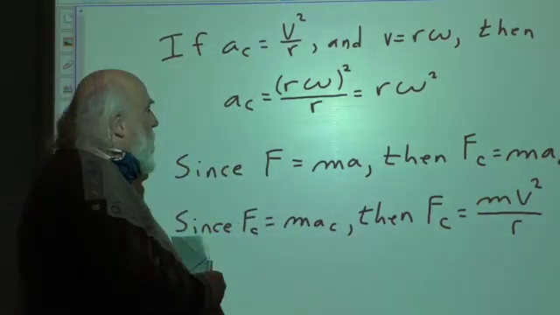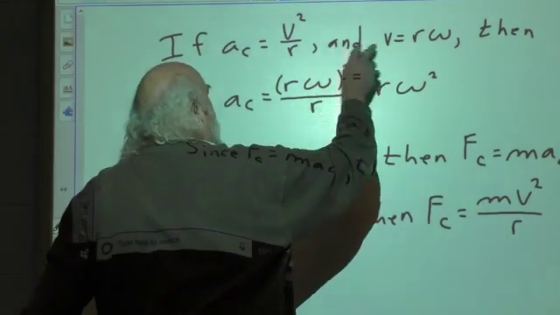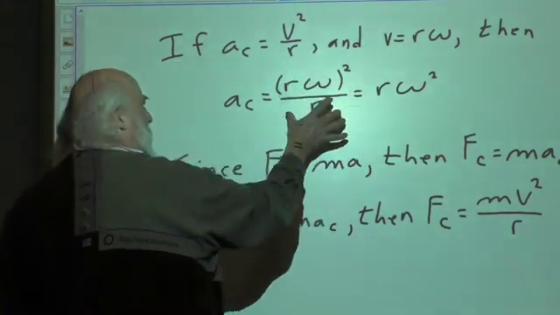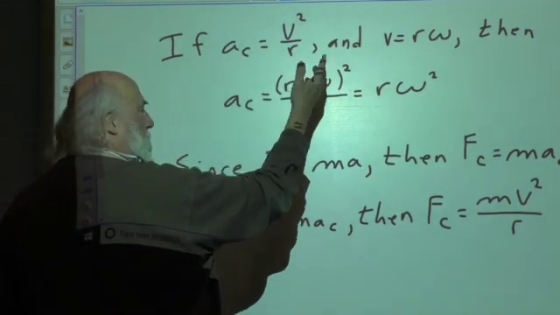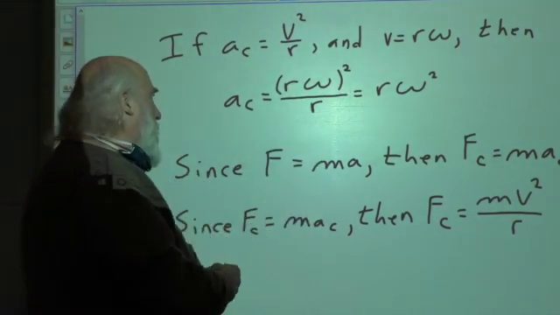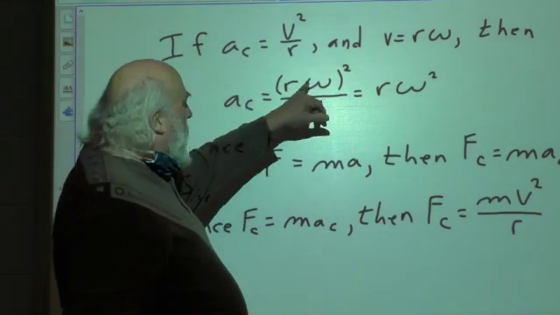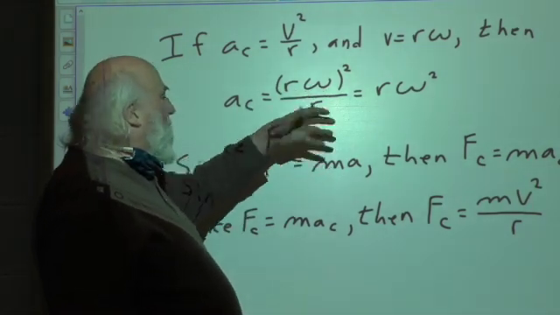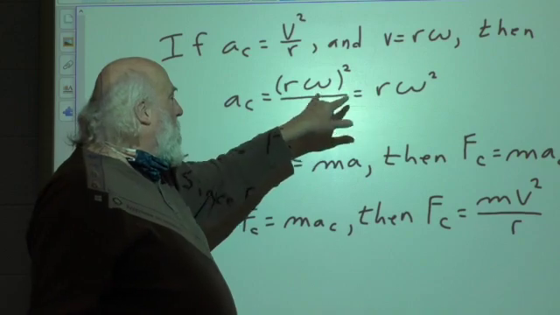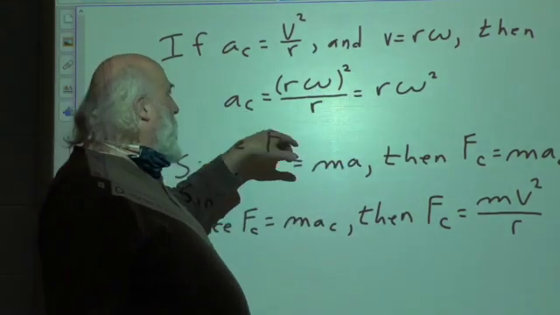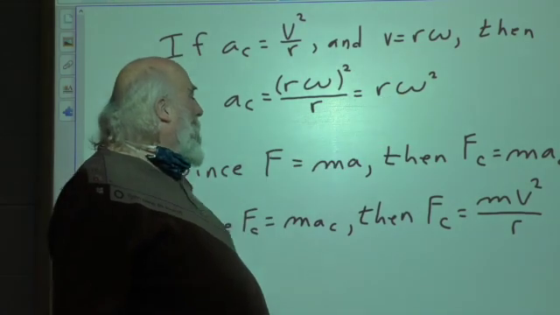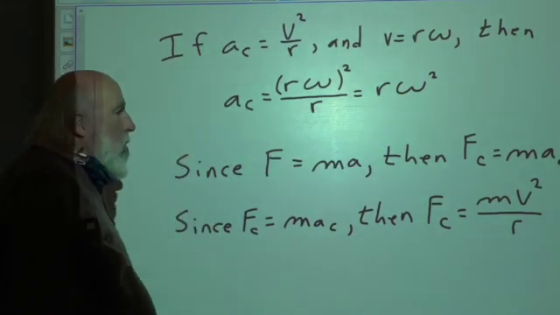Then, if we plug that in right here, we get this equation: r omega squared, or r times angular velocity squared, over r. Well, that gives us r squared here, r here. That cancels out, leaves r. We have omega squared here. So the angular acceleration we can get by taking r times omega squared.